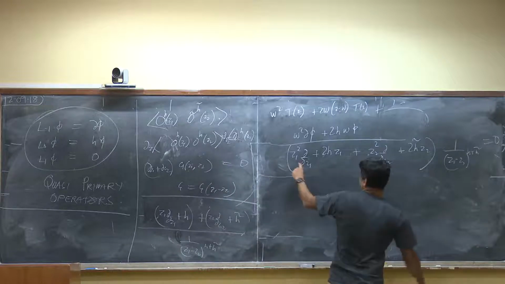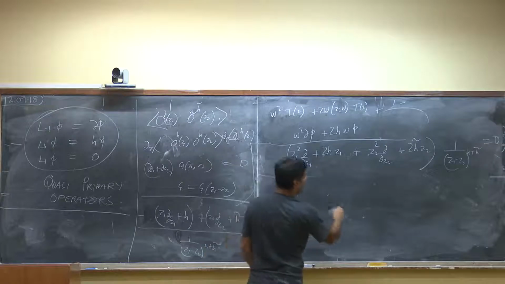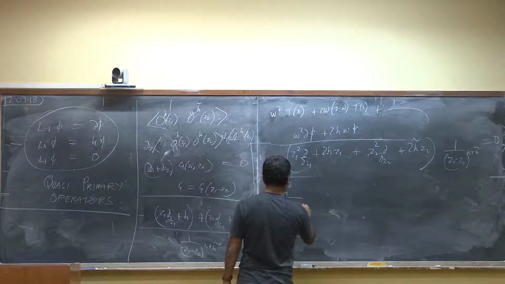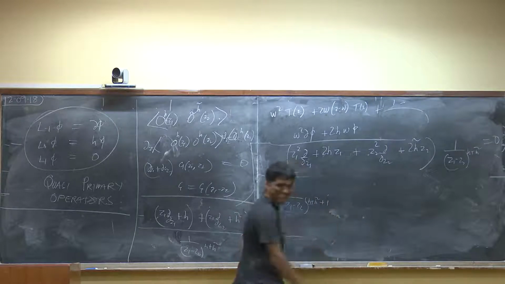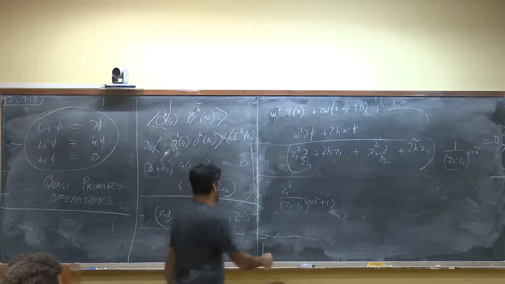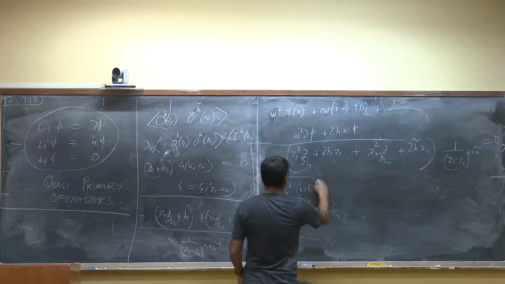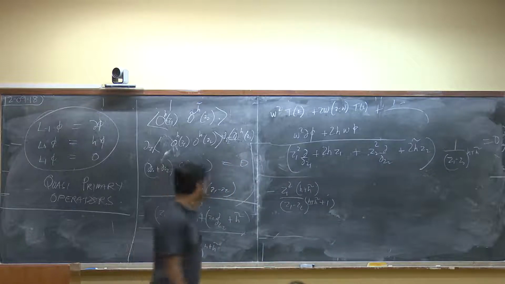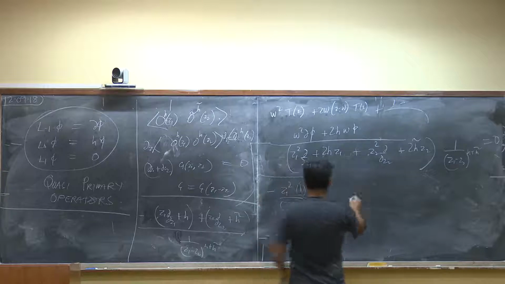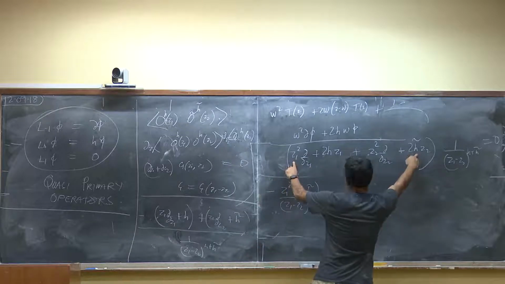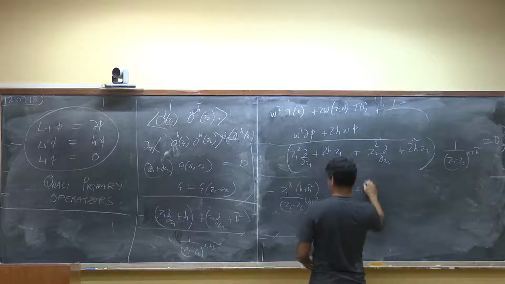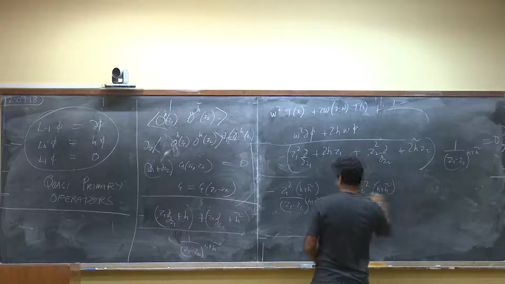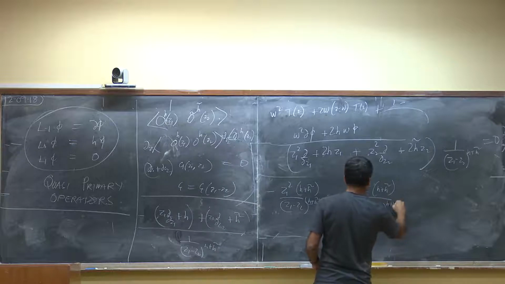When we differentiate with the first guy, we'll get Z1 squared by (Z1 minus Z2) to the power H plus H tilde, into H plus H tilde with a minus sign. Then we get the same thing with Z2, so minus Z2 squared (H plus H tilde) by (Z1 minus Z2), the whole thing to the power H plus H tilde minus 1.